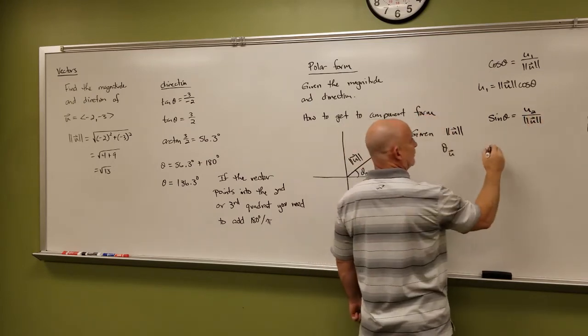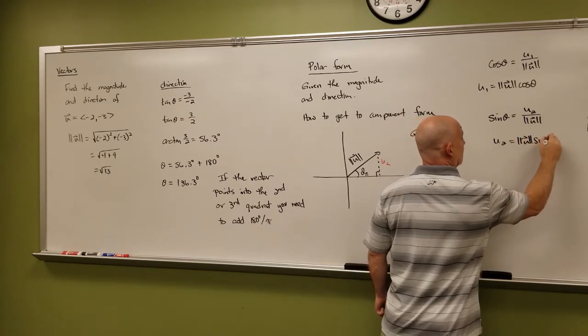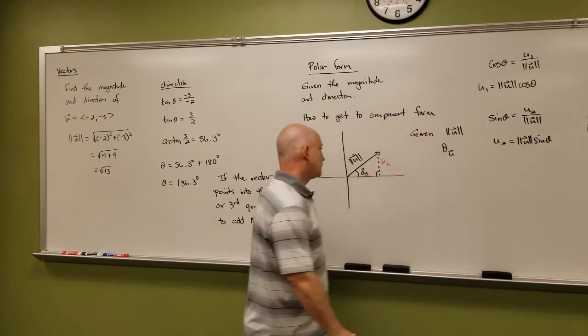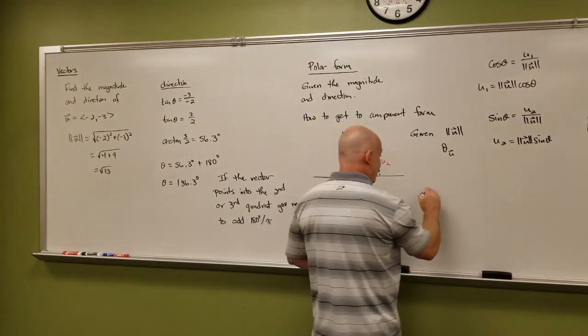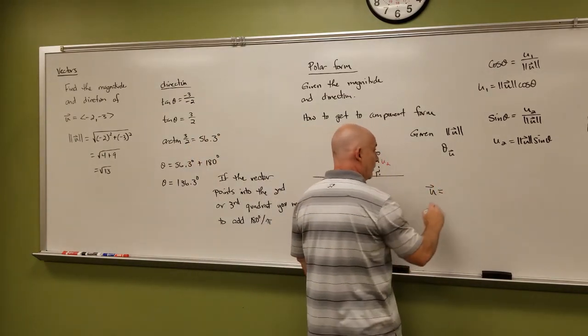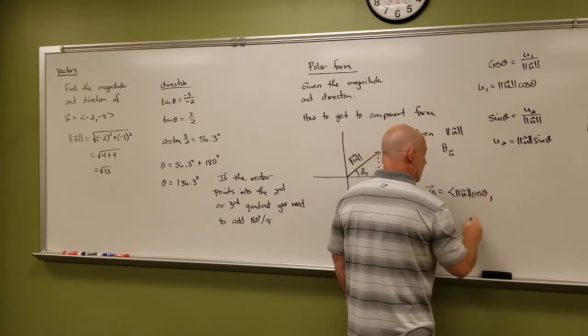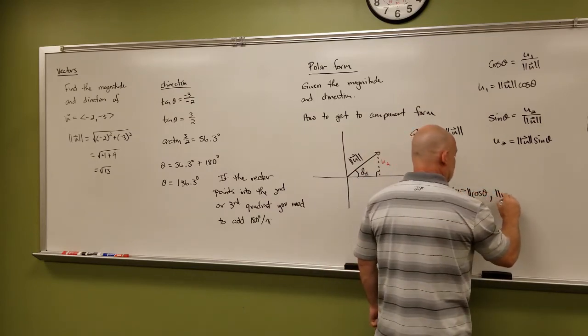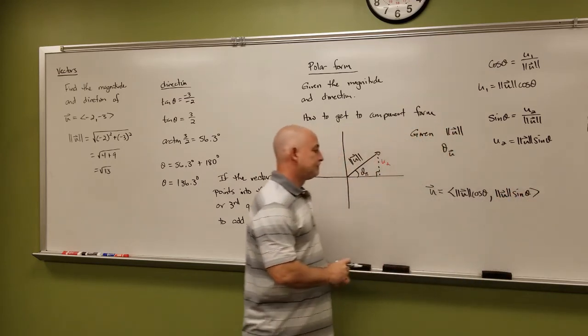And again, solving for u2, you can see u2 is the magnitude times the sine of the angle. So we actually have our answer now. Our vector u in component form is going to be the magnitude times the cosine of the angle and the magnitude times the sine of the angle.